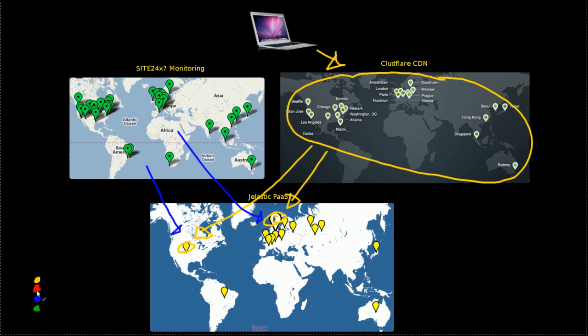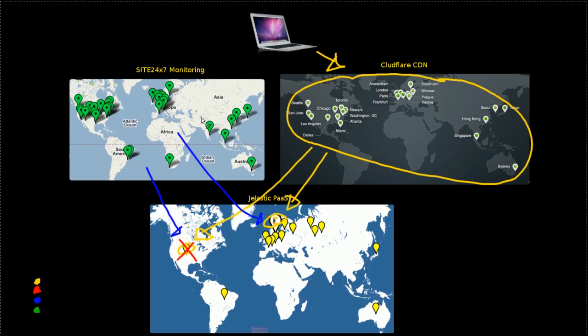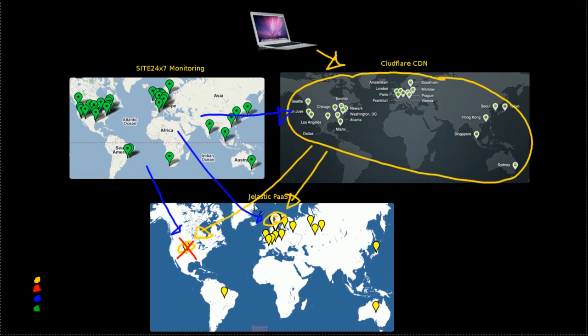And if there is a problem, for example, the site in the US goes down, then Site24x7 will modify the configuration in Cloudflare to make it not send any data to the US site anymore, as that one is down. And when the site is up and running again, we will just remove that configuration and continue to send traffic to the US again. Okay, let's take a look at how to do this.